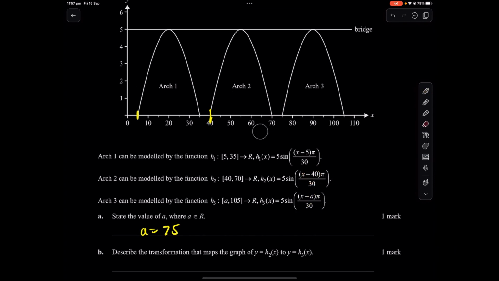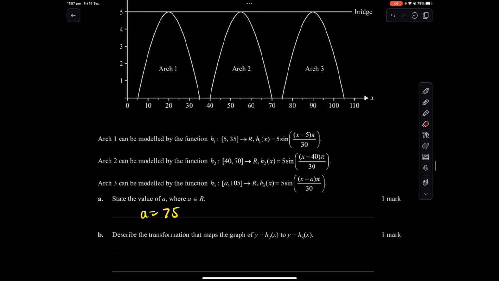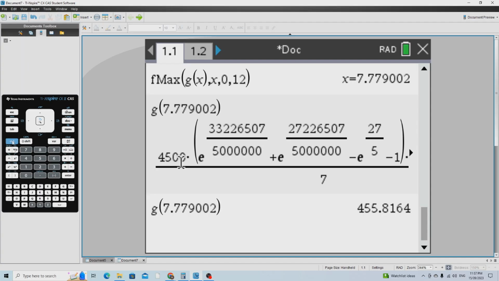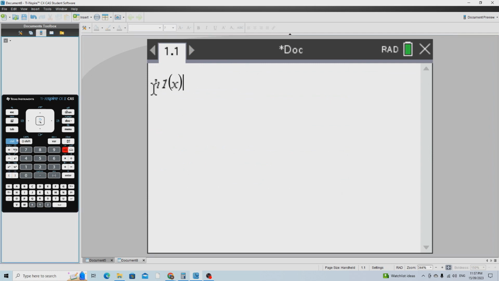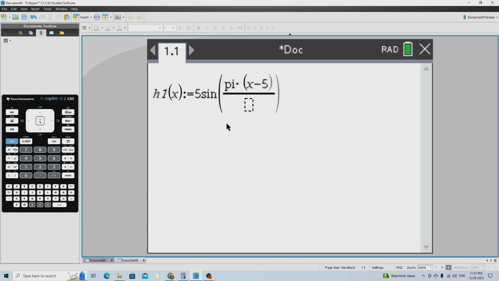So yeah, let's define these 3 functions to make our life easier. So, let's say h1 of x is defined as 5 sine of pi times (x minus 5) over 30.